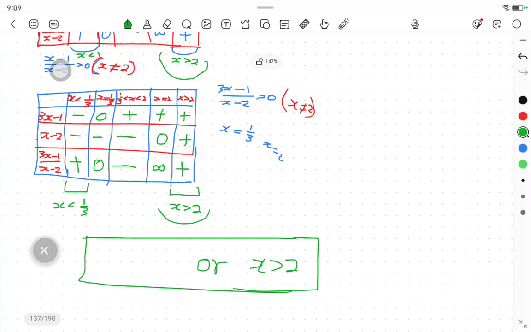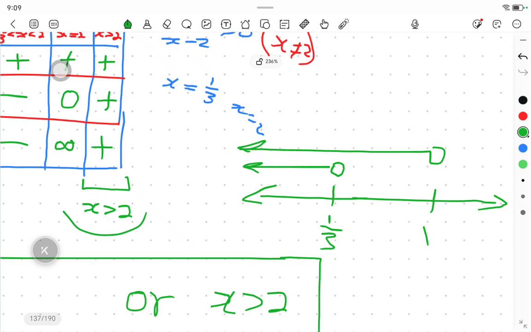On the left hand side, we can draw a number line, right? We are comparing these two. We have 1 over 3. We have 1. The first solution says where x is less than 1, then the second one says where x is less than 1 over 3. I'm sure we see this. So now we need to decide between these two. Which one is going to be the main character, right?